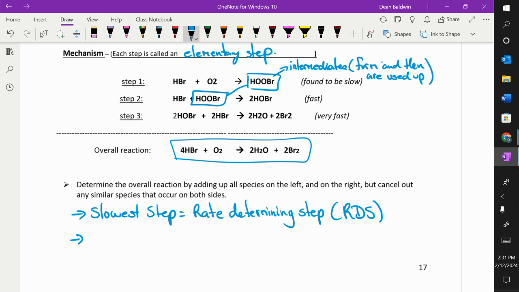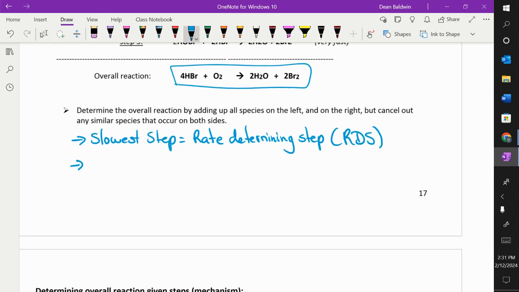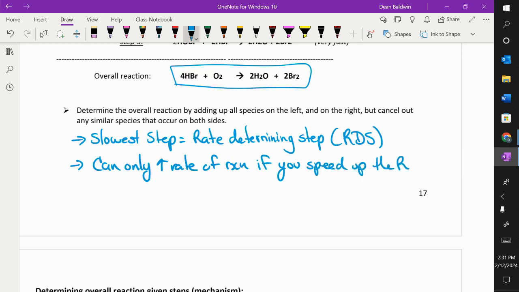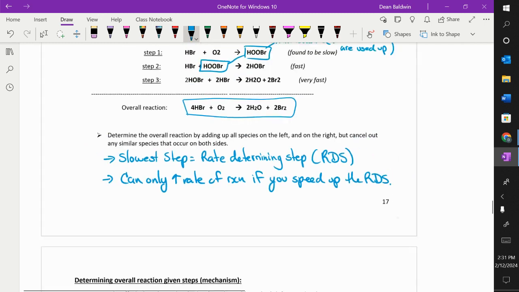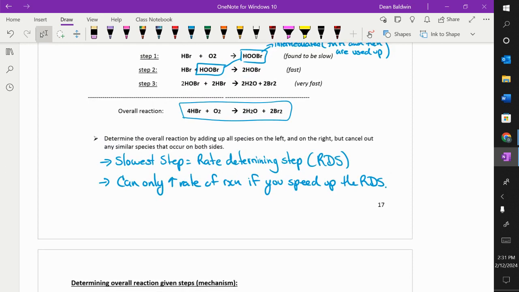It doesn't matter if I speed these two up, this is still the slowest step. So that determines the overall rate. You have to speed up the rate determining step to have any effect on the overall rate of the reaction.